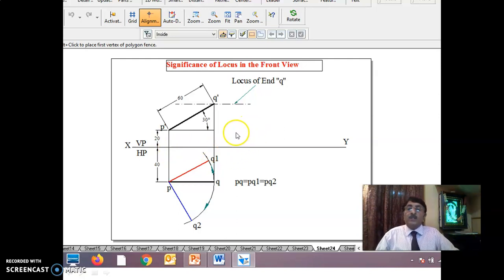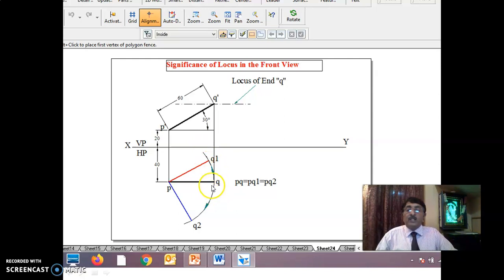Now what I'm telling you is, remember this, as long as inclination to HP remains constant, that is in this position right now, if I rotate the line with respect to VP, if I go on doing like this, inclination to VP goes on changing.